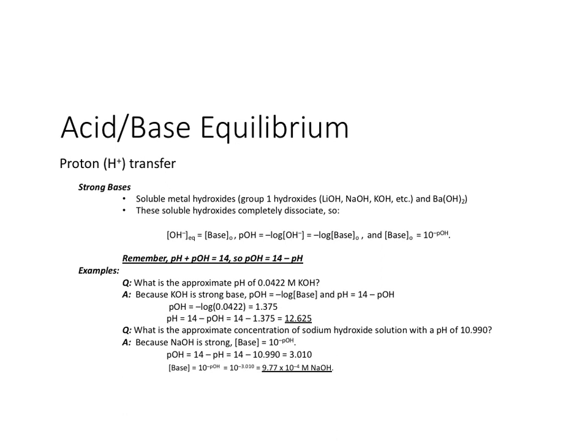We can do the same sort of calculations with the strong bases. Now, the strong bases are going to fall into one large category, which is very simply the soluble metal hydroxides. Those are going to be the group 1 hydroxides, lithium, sodium, potassium, and barium hydroxide, along with one other I neglected to type in.